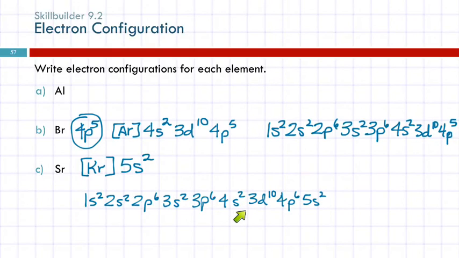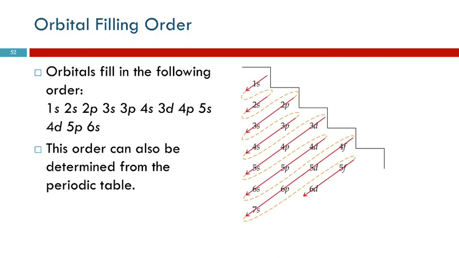Yeah, this one seems out of place, right? So if you like that line drawing thing, you can do that. 1s, 2s, 2p, 3s, 3p, 4s, 3d, 4p, 5s. This will give you the same order.